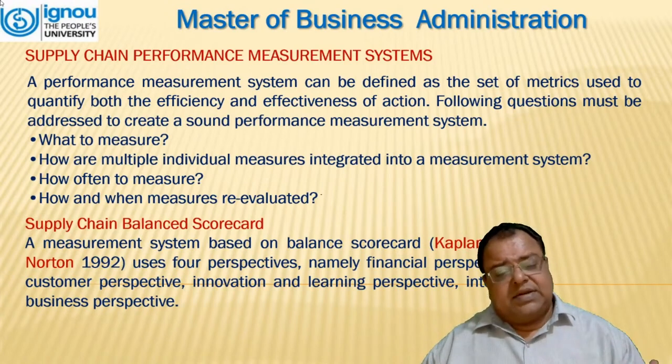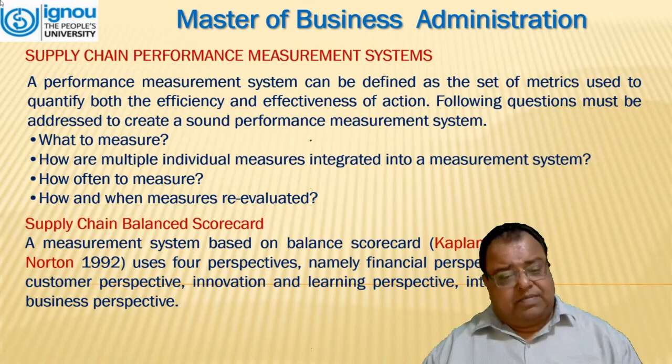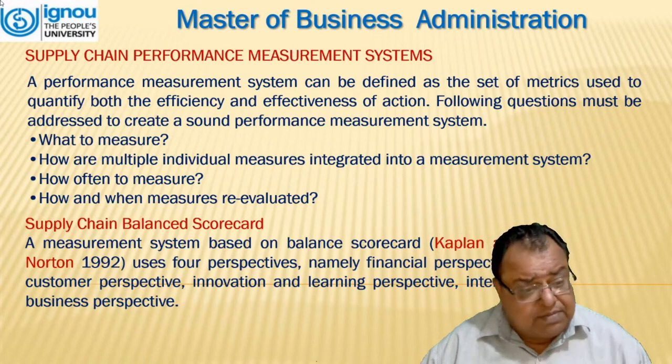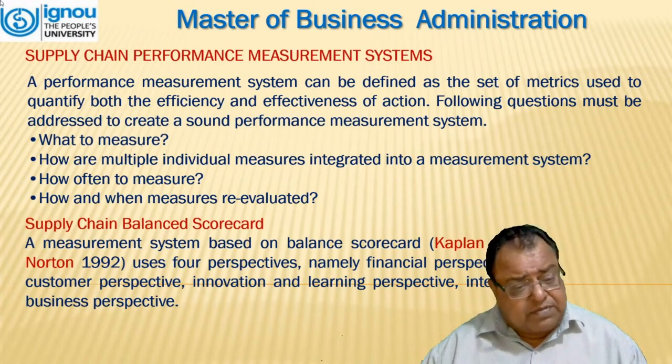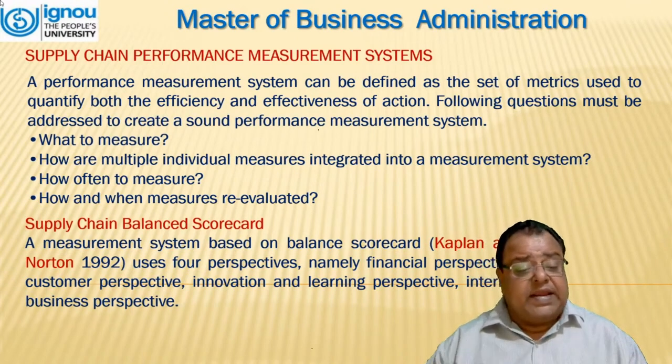So keeping that in mind, the supply chain balanced scorecard comes in. A measurement system based on the balanced scorecard, that is Kaplan and Norton, uses four perspectives, namely financial perspective, customer perspective, innovation and learning perspective, and internal business perspective.